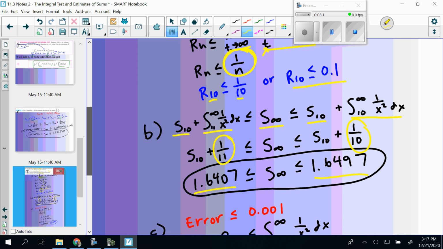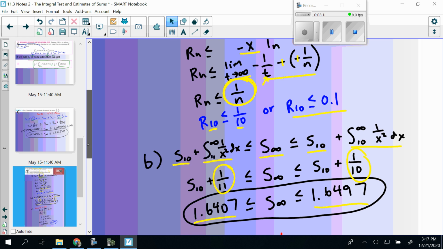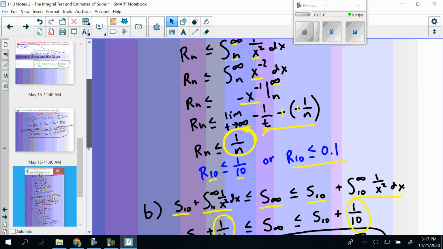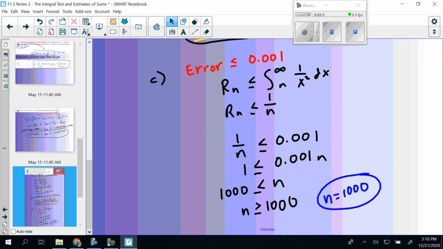All right, last part. They want you to estimate what n you would need to use so that the error came out to be less than 0.001. So if our error has to be less than 0.001, use our error again. It's going to be less than this. We know from before that simplifies to just 1 over n.